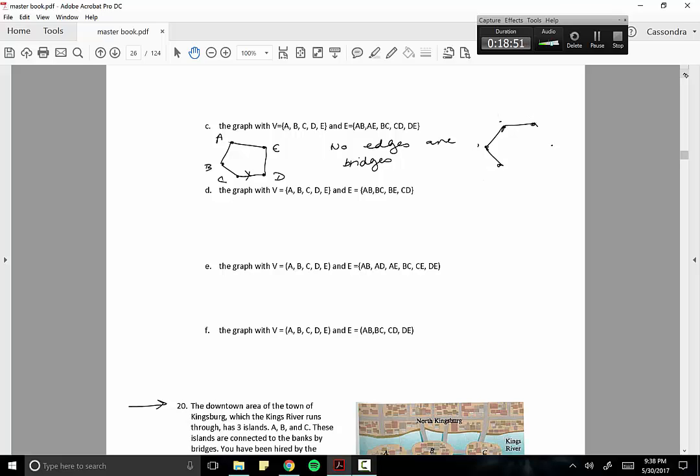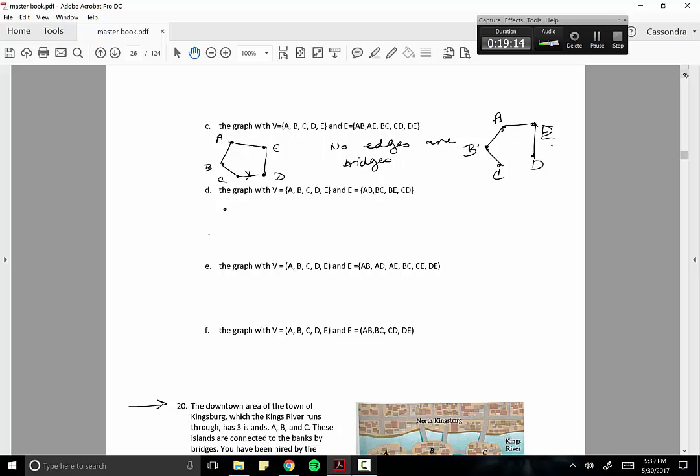Come on. Do this right. This would be C, this would be D. So that has to be B, that has to be A. All right, now so this is D, this is E. I was right. Okay. So that would still be connected. So there are no bridges.